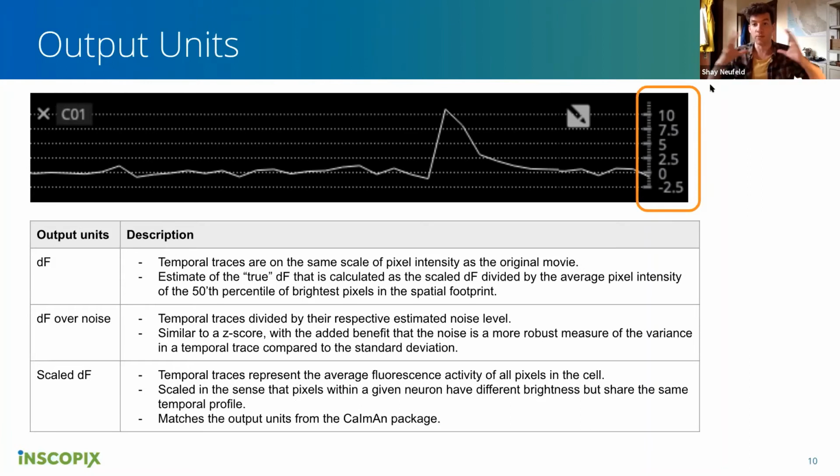So it's better to keep the whole movie, within reason. If it's hours and hours, that's different, but if it's 10 minutes and you care about the middle 2 minutes, you should for sure do CNMFE on the whole 10 minutes, and then afterwards crop out the time points that you care about to analyze them.